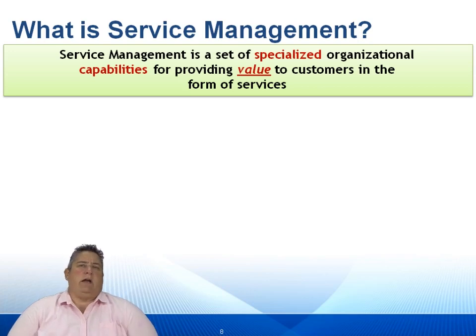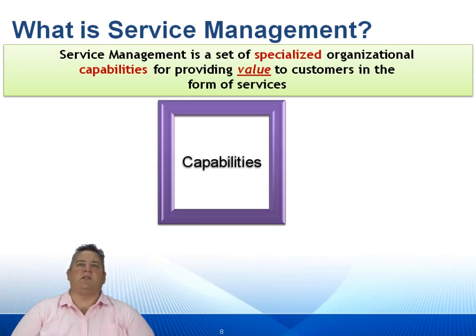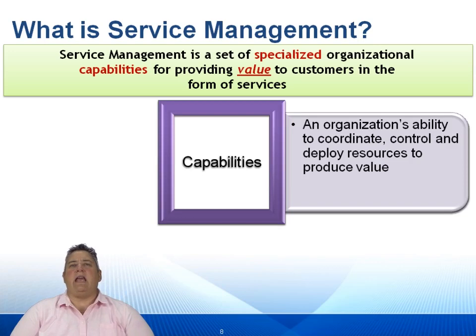So then we talk about, we had service, we had value. What's service management? It's a set of specialized organizational capabilities to provide value to customers in the form of services. We do this through a series of capabilities and resources. Capabilities are the organization's ability to coordinate, control, and deploy resources to produce value.